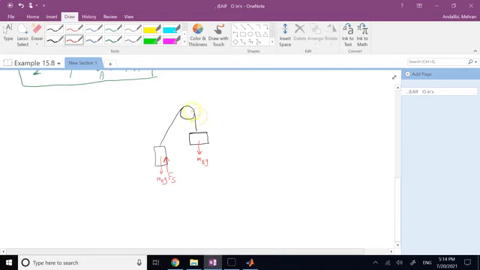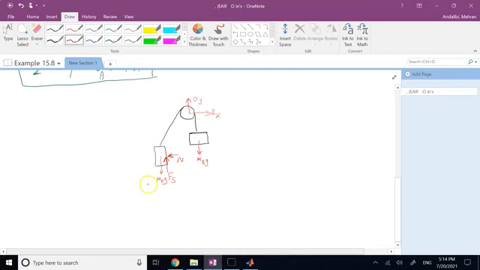Then you have the reactions at the pulley. Let's assume that there is no friction at the pulley, no viscous friction or anything. You have a contact between block A and the vertical shaft, and that would mean you have a normal force and a friction, but the friction is negligible. It says neglected.